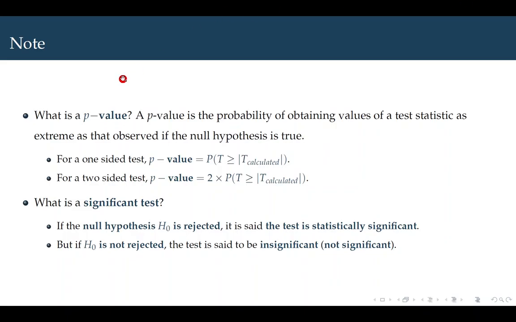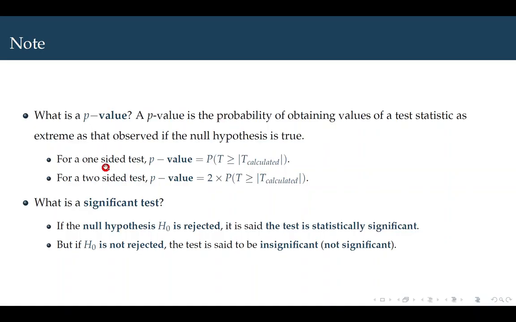So let's see more about what a p-value means. A p-value is the probability of obtaining values of a test statistic as extreme as that observed if the null hypothesis is true. Or you can consider this p-value as the actual probability of committing type 1 error. So this p-value is obtained as the probability that the test statistic has a value greater than or equal to the absolute value of the calculated test statistic.